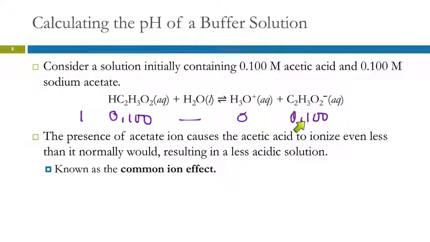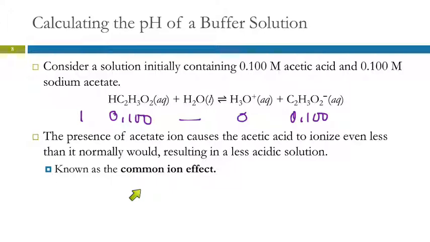The presence of this acetate is going to cause the acetic acid to ionize even less than it normally would. Normally, if you had 0.1 molar of this, it would ionize. But now, because we already have a lot of the acetate, that's going to cause the equilibrium to be more to the left.